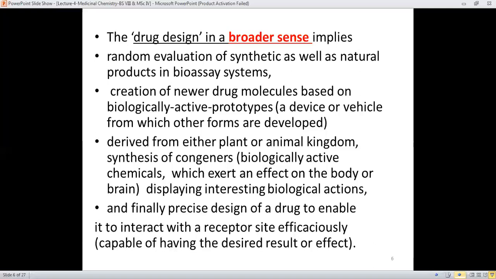derived from either the plant or the animal kingdom, and the synthesis of congeners, which means biologically active chemicals which exert an effect on the body or on the brain, displaying interesting biological action, and finally precise design of the drug to enable it to interact with the receptor site.